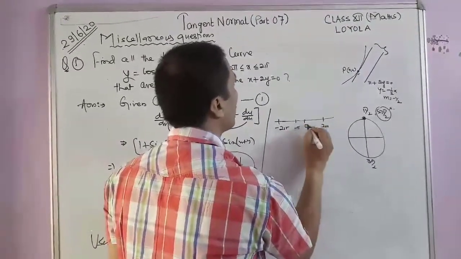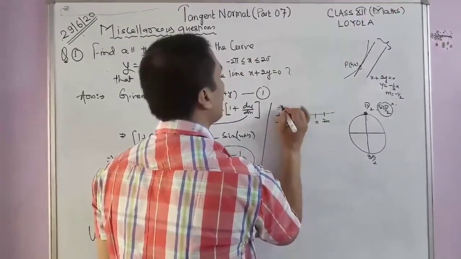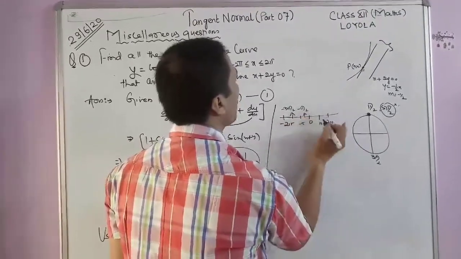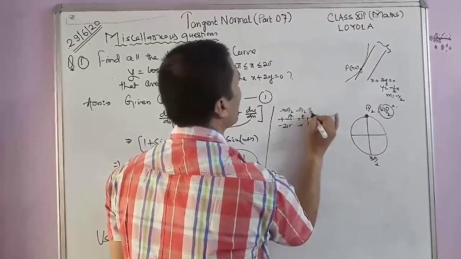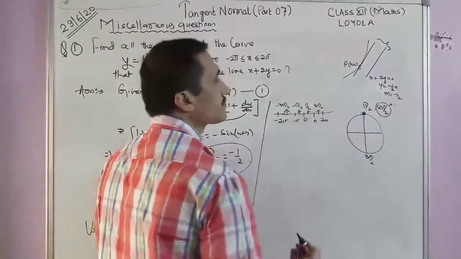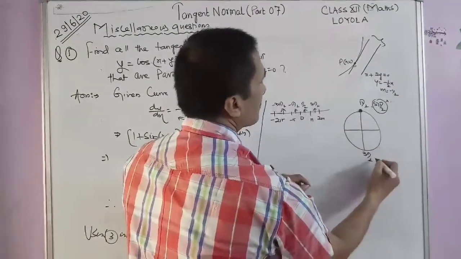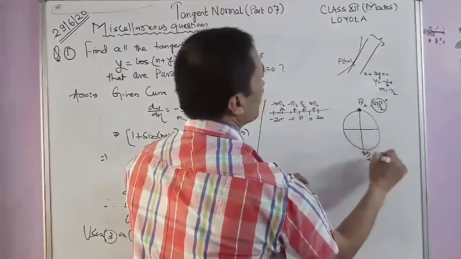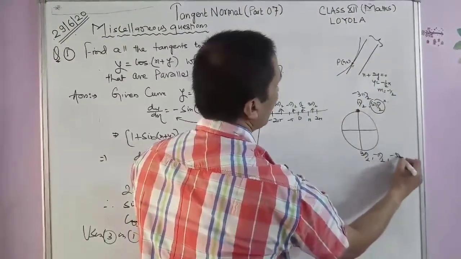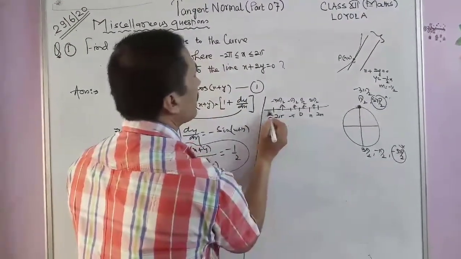Here are 0, minus pi, plus pi, minus 3 pi by 2, minus pi by 2, pi by 2 and 3 pi by 2. If we move in the clockwise sense, this is minus pi by 2, minus 3 pi by 2, minus 5 pi by 2, which is left of minus 2 pi.